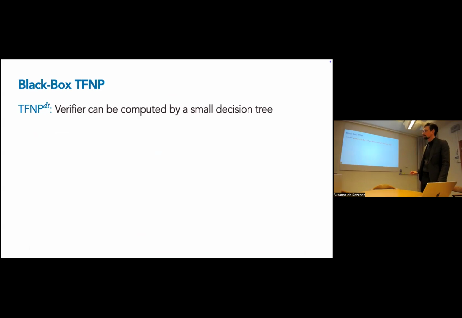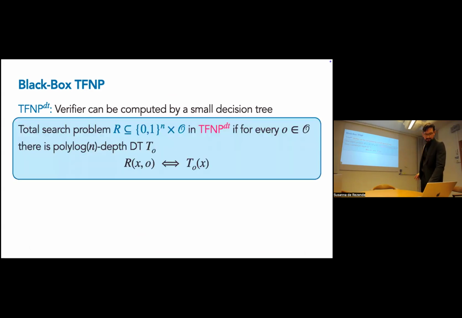Okay. So black box TFNP is the same as TFNP, except that now, rather than requiring that the verifier be a polynomial time Turing machine, we want the verifier to be a polylogarithmic depth decision tree.